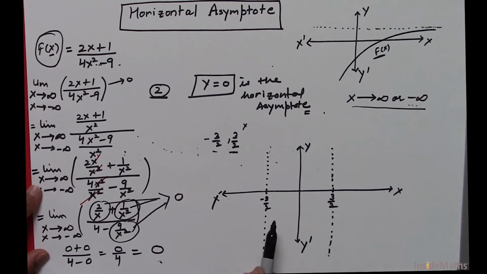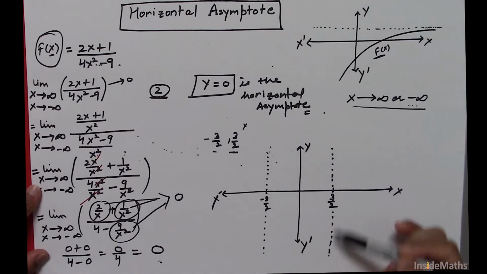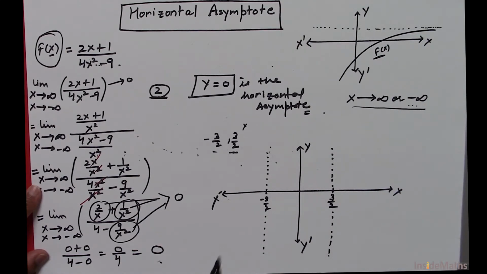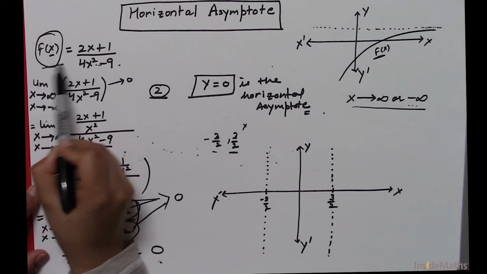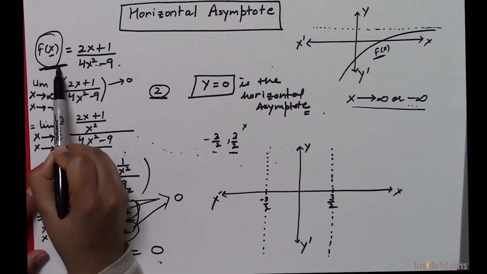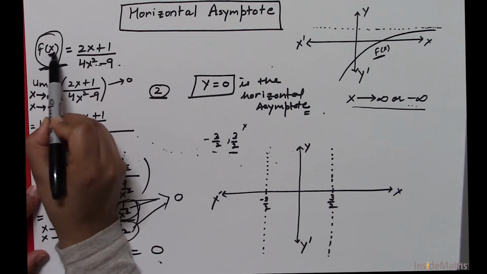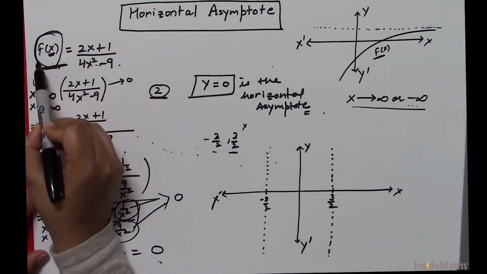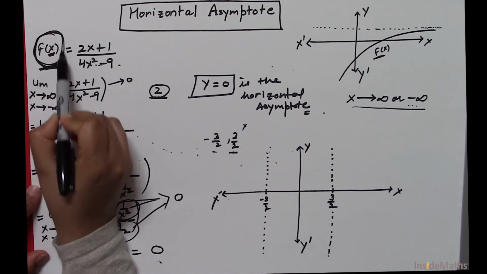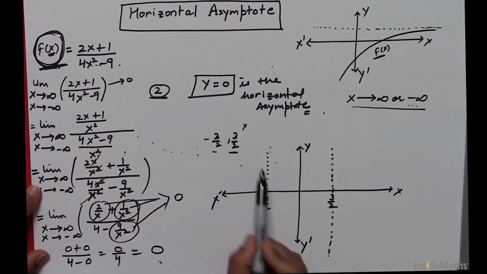I've done the last video which shows how to find the vertical asymptotes, but here we have to find the graph of this function. For that, you can pick some random values of x and find the corresponding values of f of x and then plot those values.